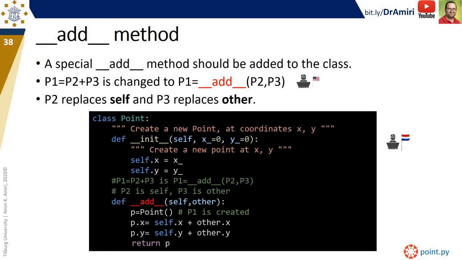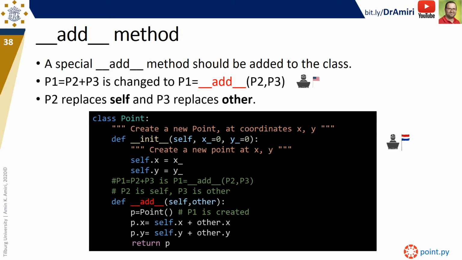So when you add __add__ to the class, you need to provide two arguments, self and other. In __str__, you only had self. As for __add__, you need to have self and other. In this case, self is going to be p2 and other is going to be p3, assuming that this __add__ is called for p1.